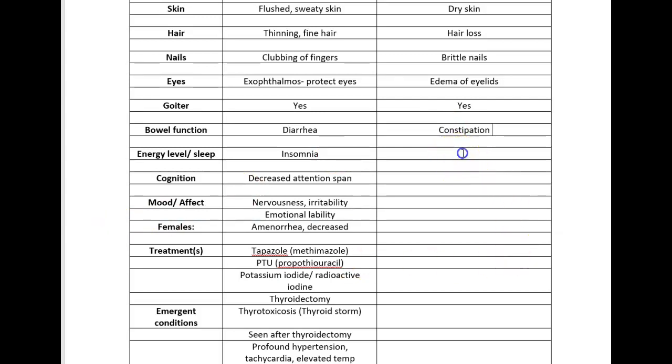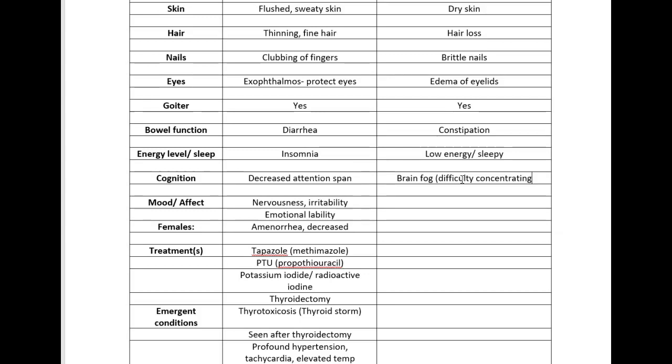As expected, somebody who is hypothyroid is more likely to have low energy, and they are sleepy. Cognition-wise, there's something called brain fog. It's kind of what you think: the patient feels foggy and has difficulty concentrating.